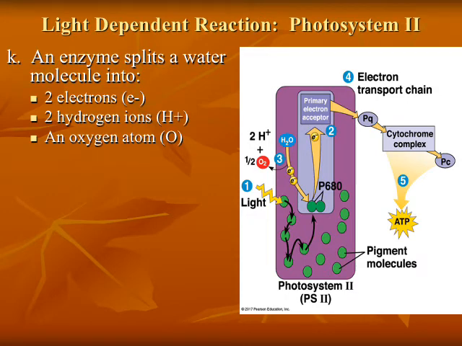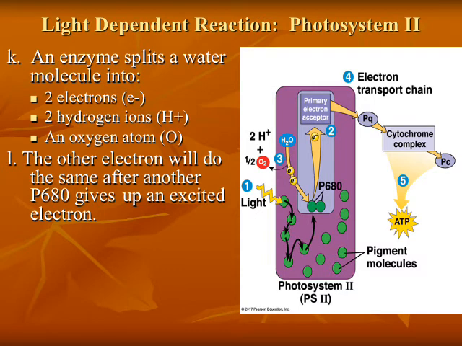Okay, so then an enzyme splits a water molecule into two electrons, 2 hydrogen ions, and an oxygen atom. And this is what we refer to as splitting water in photosynthesis.